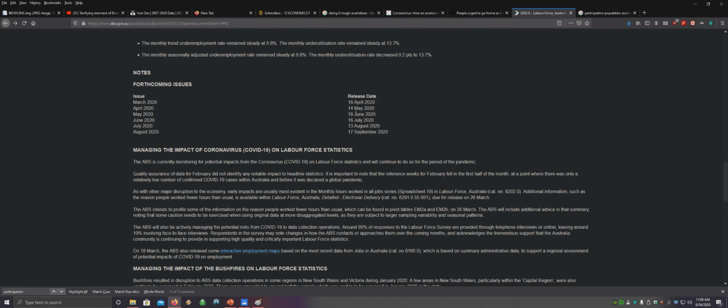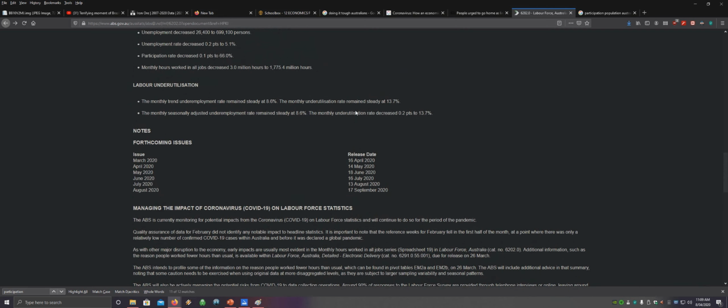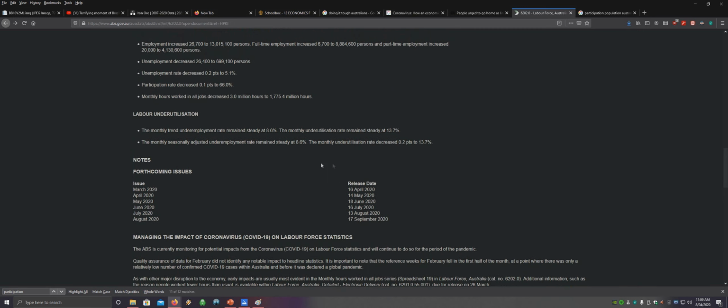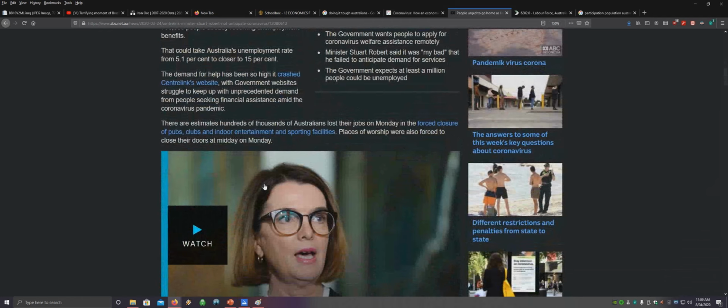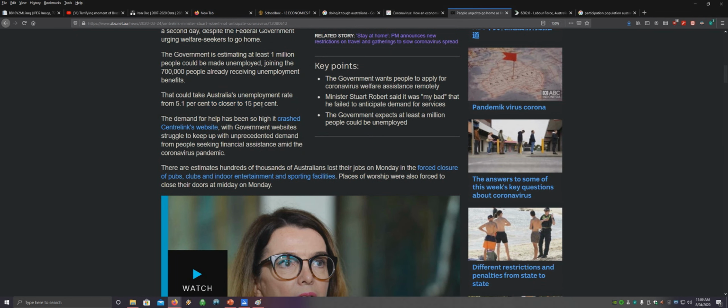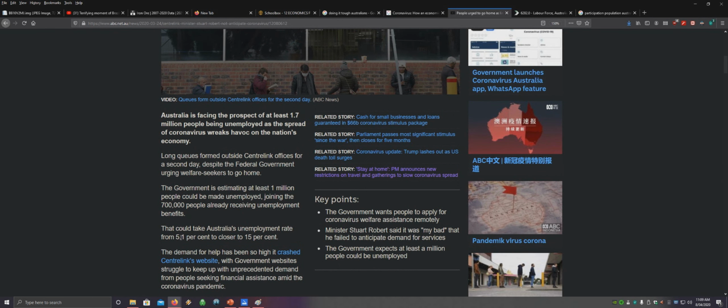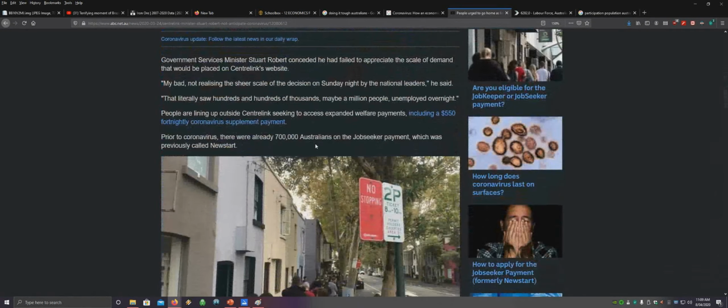It's not looking good. COVID-19 started taking its real impacts about late February, early March, so it'll be interesting to see how March played out as a result of the early stages of COVID-19. They reckon the unemployment rate could be closer to 15% from its current 5.1%. So there could be a lot of people not having a lot of money to spend.